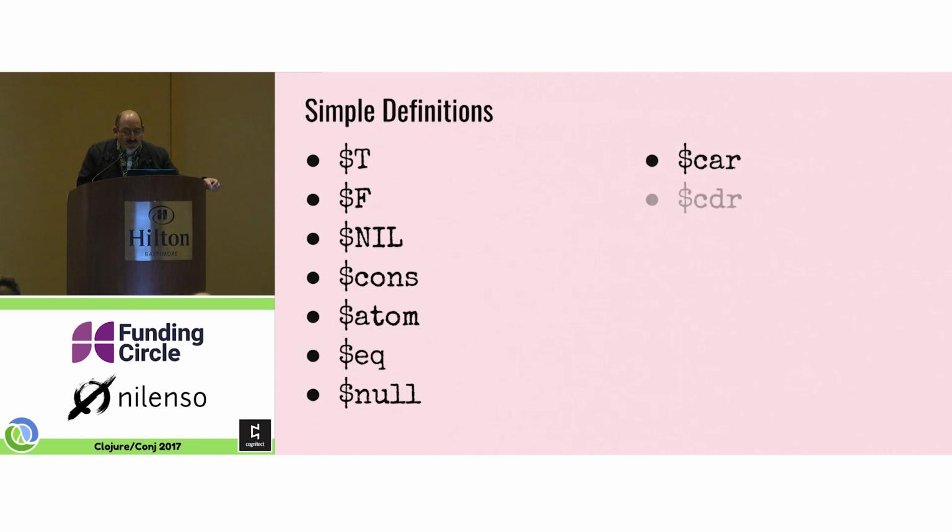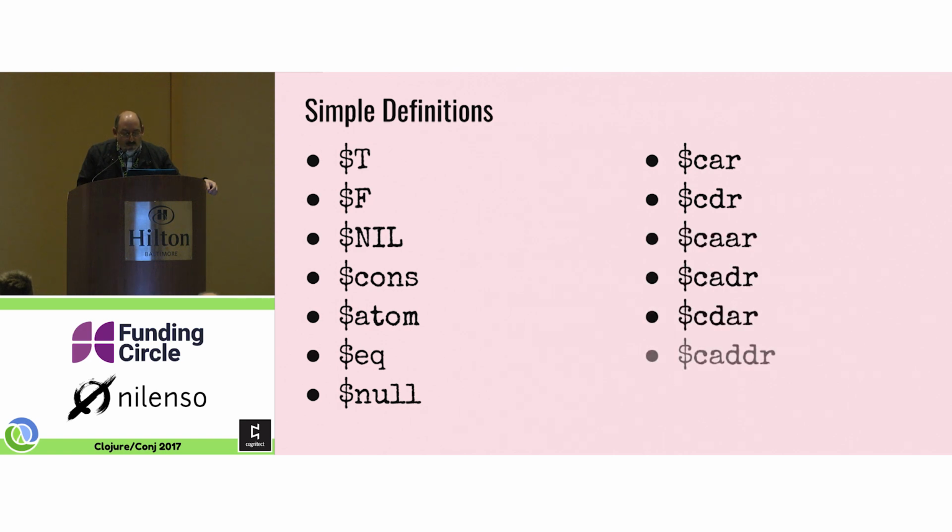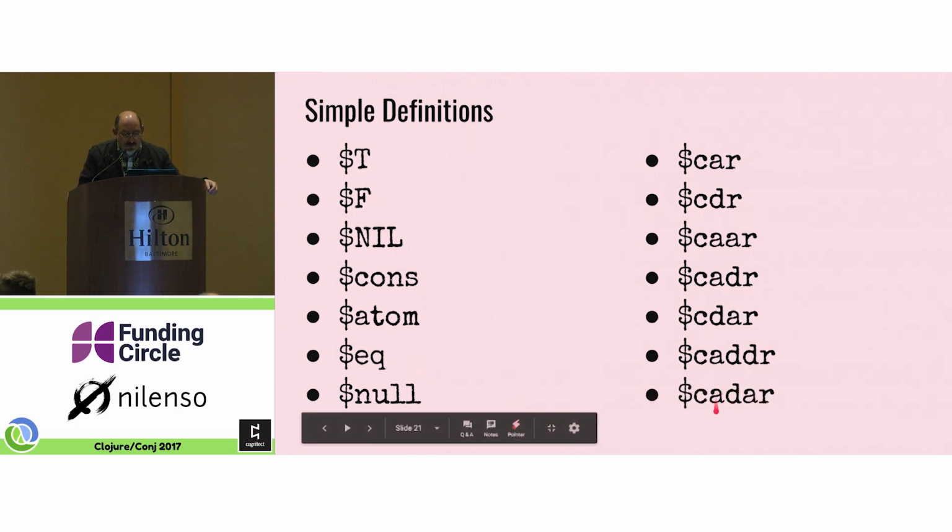Then we have car and cooter. These represent, as we saw, the first in a cons cell: the car represents the first part, the cooter the second part, okay? And we had actually some combinations of these. So whenever you see, for example, this last one, this represents the car of the cooter of the car of your argument, okay?